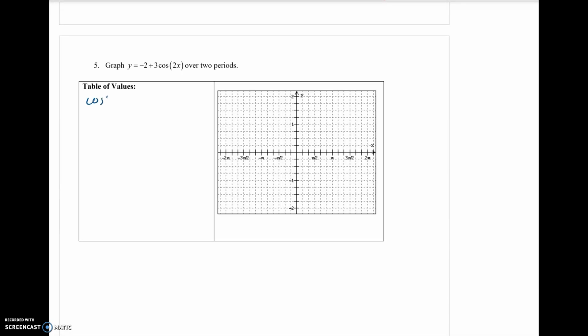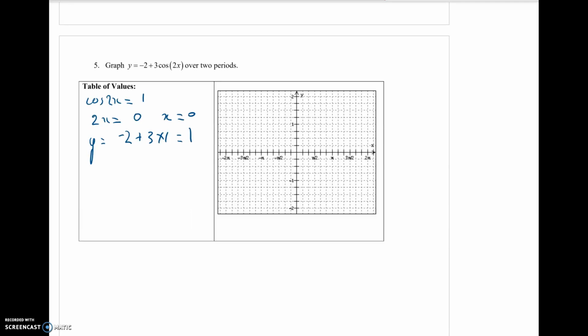The cosinus 2x will be equal to 1 when the angle 2x will be equal to 0. So when x equals 0, when the cosinus 2x equals 1, that means that y will be equal to negative 2 plus 3 times 1, which is 1. So when x equals 0, y equals 1.